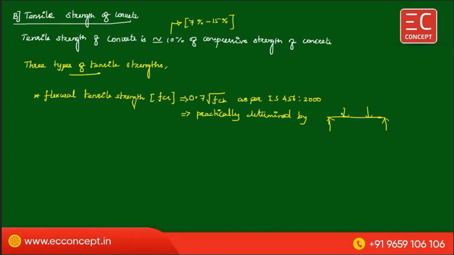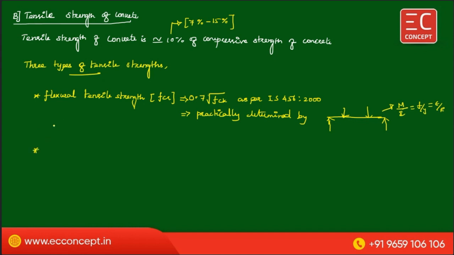In this 3-point loading case, the load is applied on the beam till it reaches the first crack. From that we can use the formula M by I is equal to F by Y is equal to E by R. By using this formula you can calculate flexural strength of the concrete practically, but IS 456 has given this one.